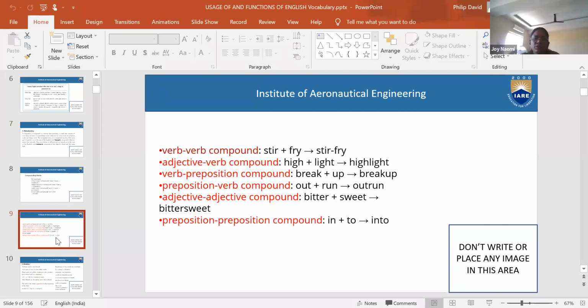Verb compound, stir plus fry, stir fry. Adjective verb compound, high plus light, highlight. Verb preposition compound, break plus up, break up. Preposition verb compound, out plus run, outrun. Adjective compound, bitter plus sweet, bittersweet. Preposition compound, in plus to, into.